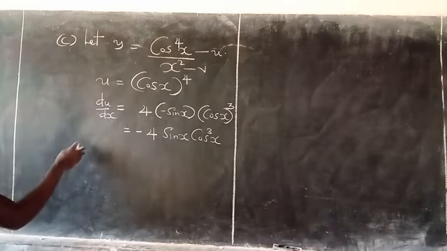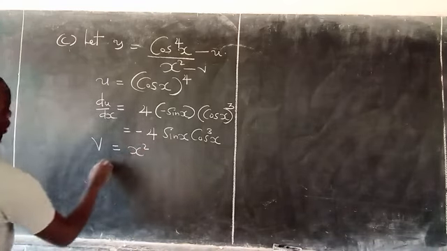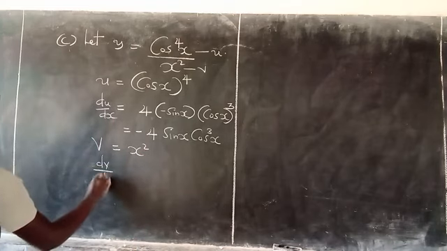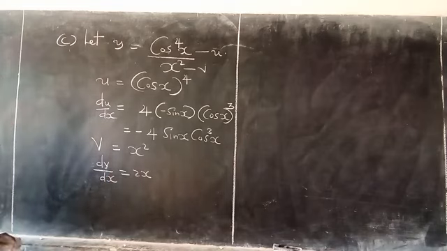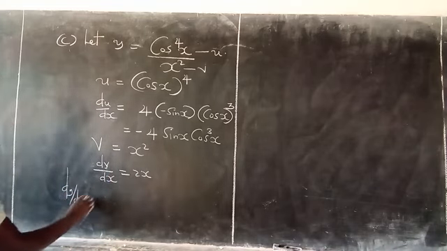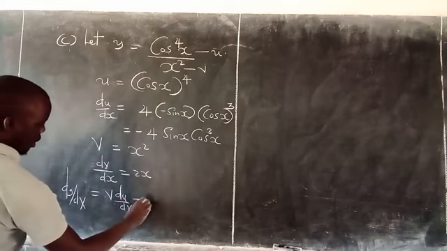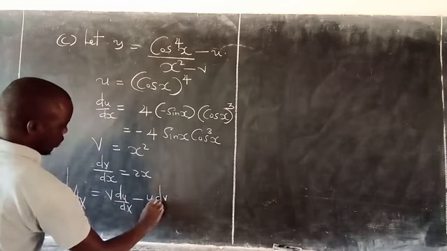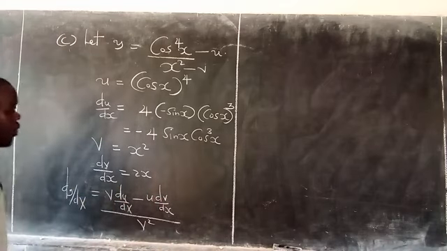Next, we also have v as x squared, so we shall get dv/dx. Now dv/dx comes to 2x. Now if dv/dx is that, bring in the formula: dy/dx is going to be v du/dx minus u dv/dx, divided by v squared.